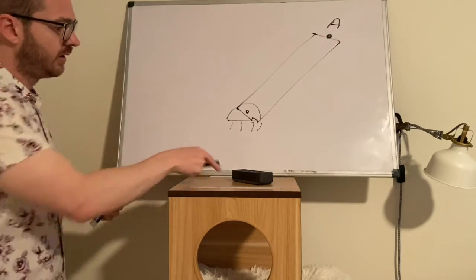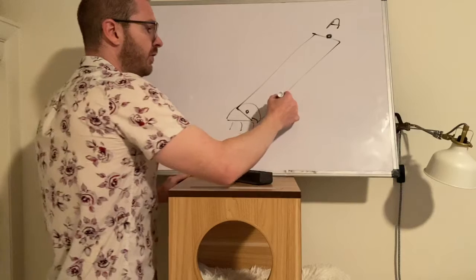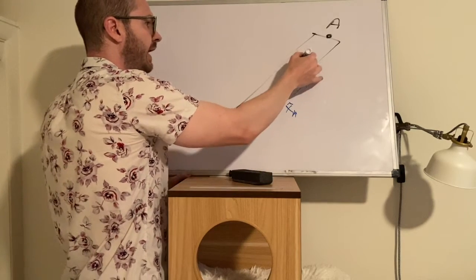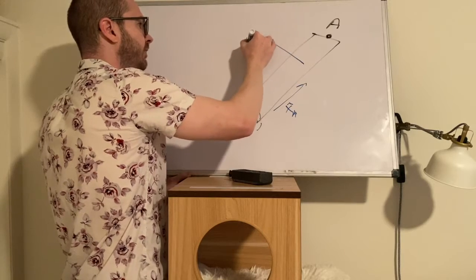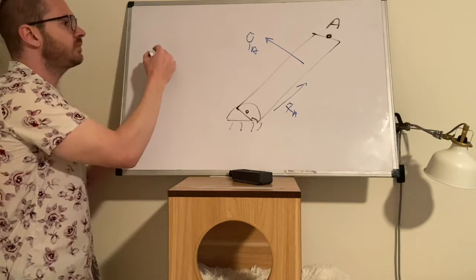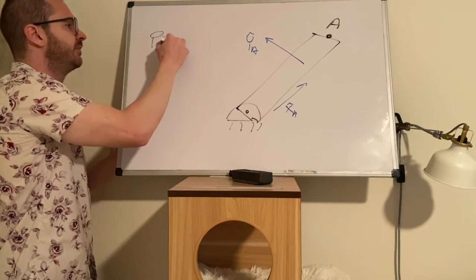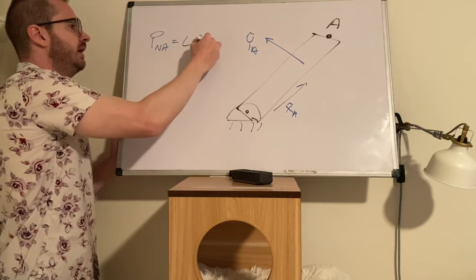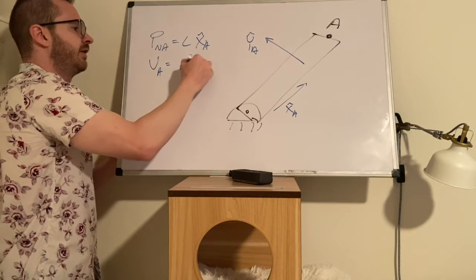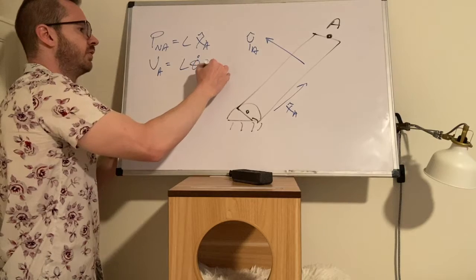All right. So the frame that we put on this, XA was pointing this way and YA is pointing off like that. We had the position vector from N to A that was L in XA. We had VA as L theta dot YA.